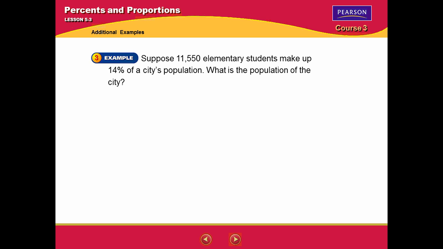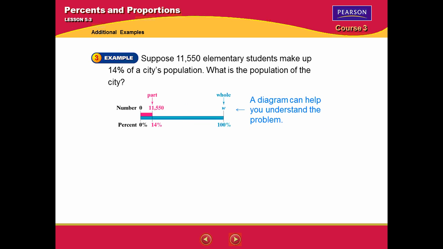Example 3. Suppose 11,550 elementary students make up 14% of a city's population. What is the population of the city? Okay, again, the elementary students are only part of the population. We're looking for the whole amount.